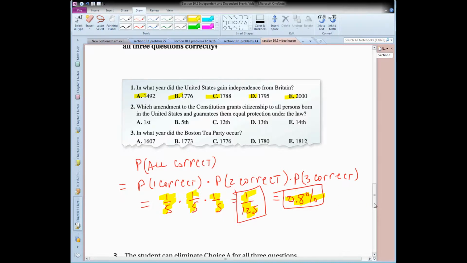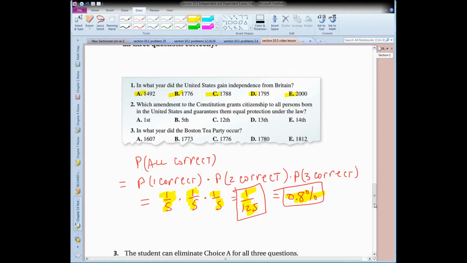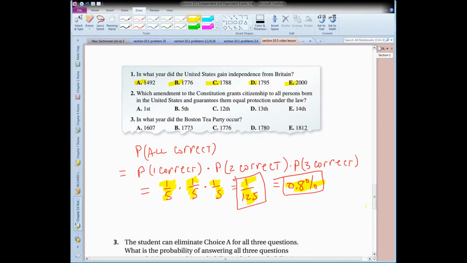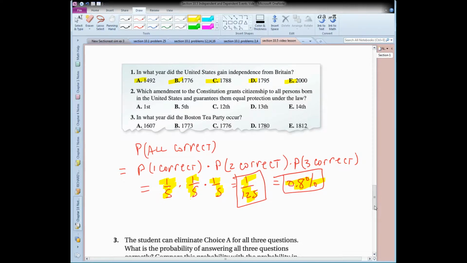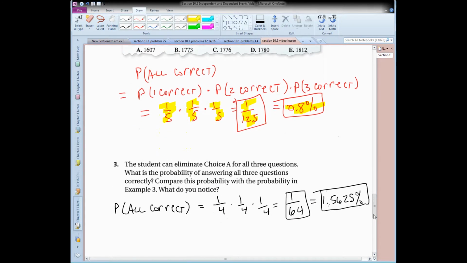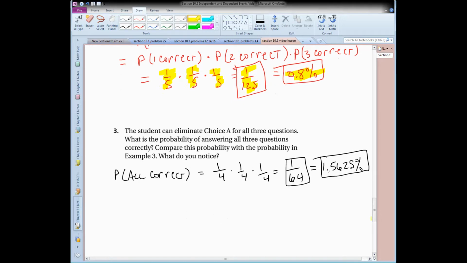All right. So here's a testing strategy for you. What if you were able to eliminate one of the answers? What would happen to the probability of getting them all correct? That's what question 3 says. So basically, I eliminate one of the choices. Instead of 5 possible outcomes for each question, there's only 4. And the probability that you guess correctly would be 1 out of 64, or about 1.6%.